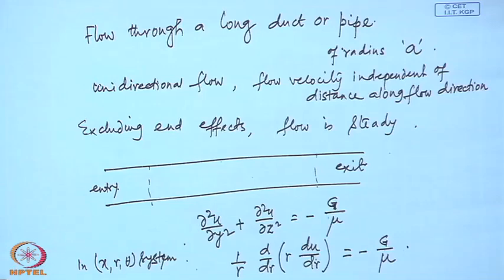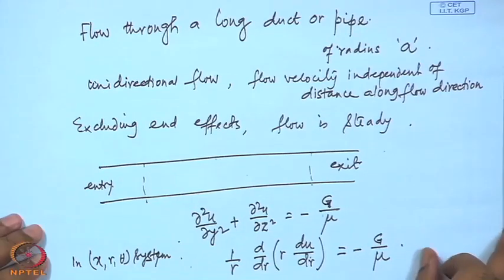Now, can you solve this equation? This is an ordinary differential equation with the right hand side a constant. So, it is very easy to solve or very easy to integrate.